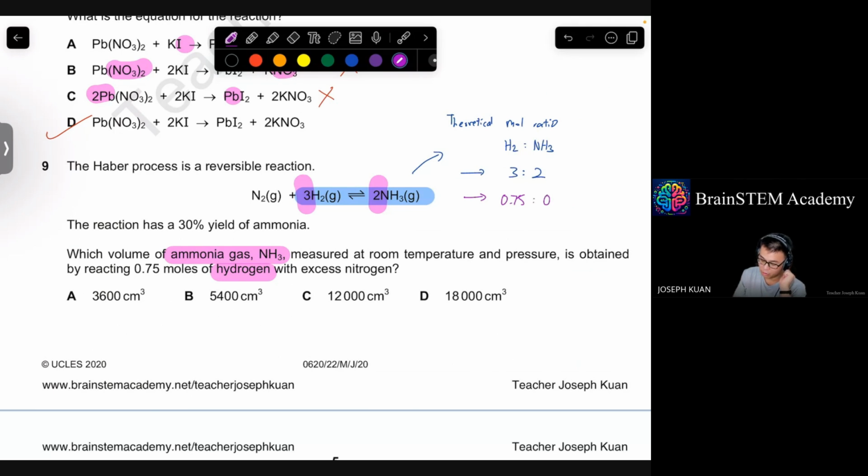All right, that should be 0.5. Let me show you how I do it. Essentially, you just try to convert to 1 unit first. All right, so this will be 2/3. You divide 3 from both sides, and then you follow that by multiplying by 0.75 for both sides. All right, you find the unit value first, and then find it for 0.75.